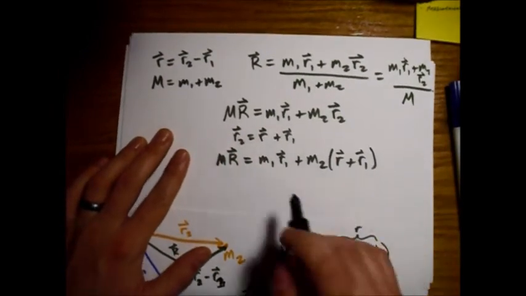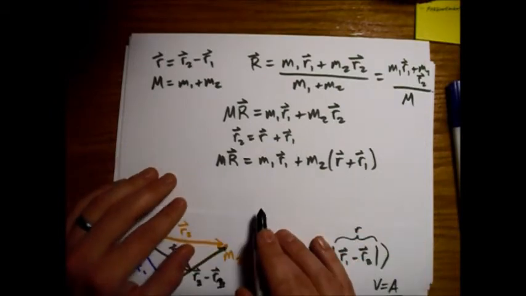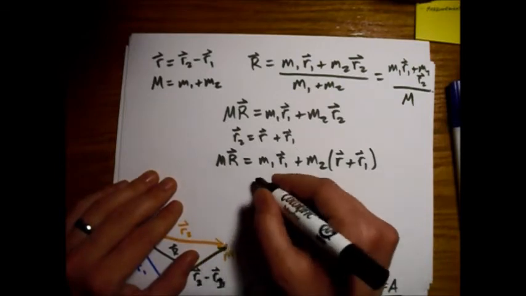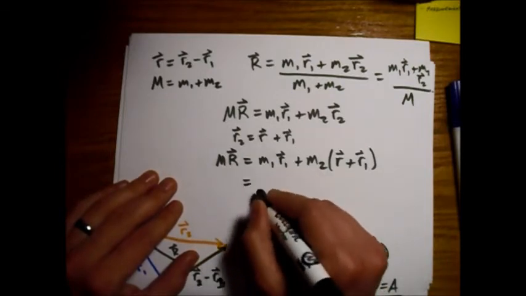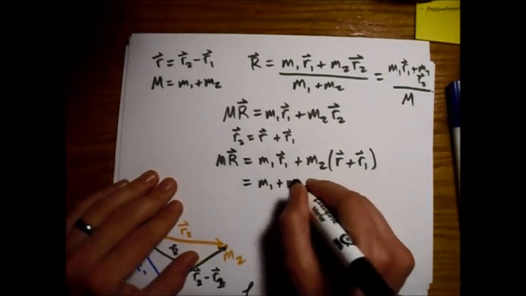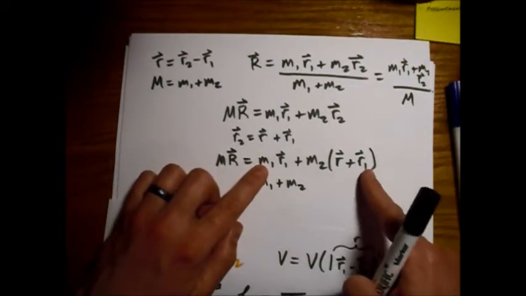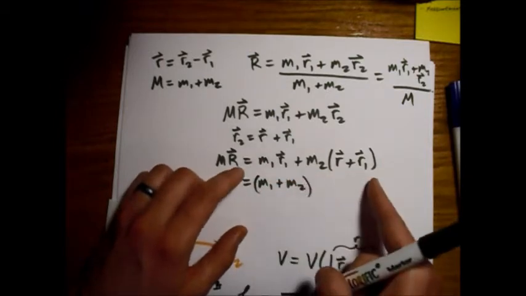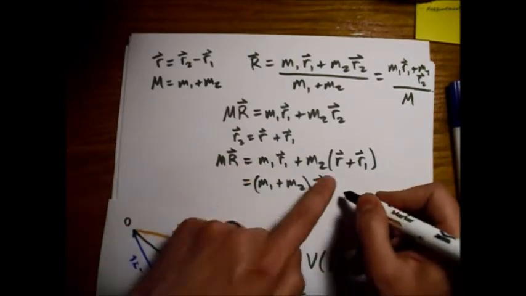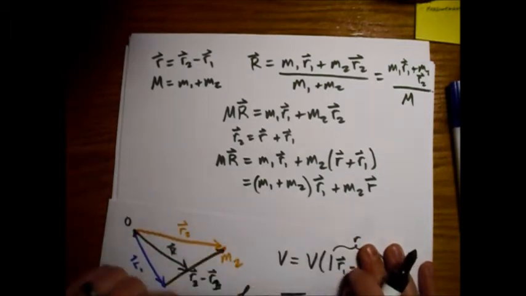Okay, so now we're going to try and get r1 off by itself. So let's see what we've got here. I can take this and go m1 plus m2. So I'm taking this m2 r1 term and I'm bringing it out, and then I'm recombining these two m's together. So like that, and then we still have this plus m2 r, like that left over.